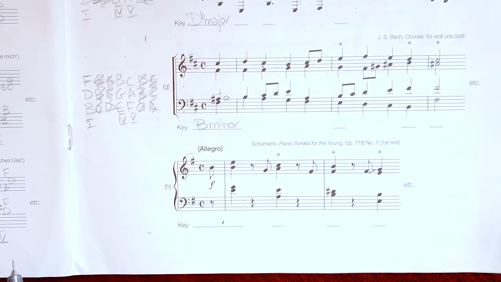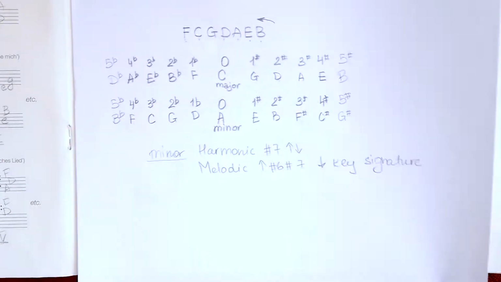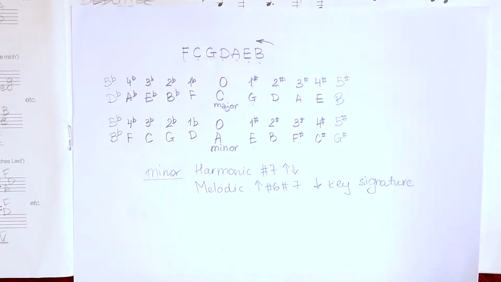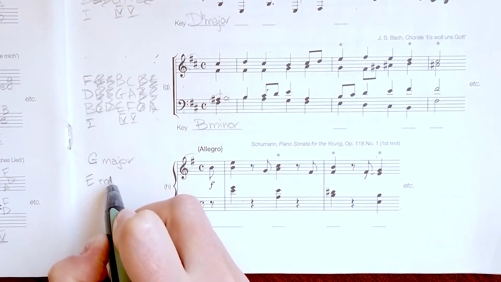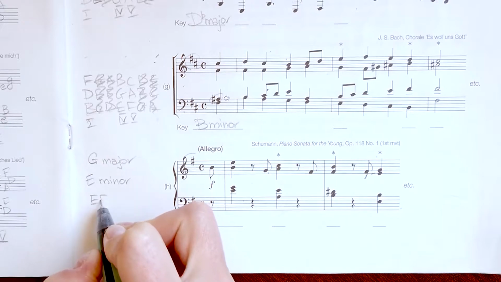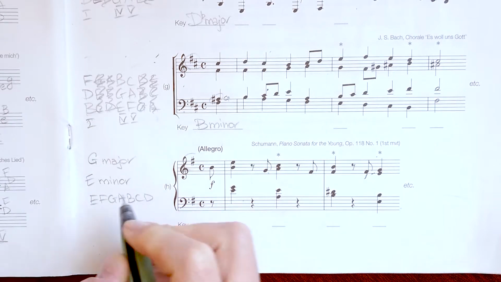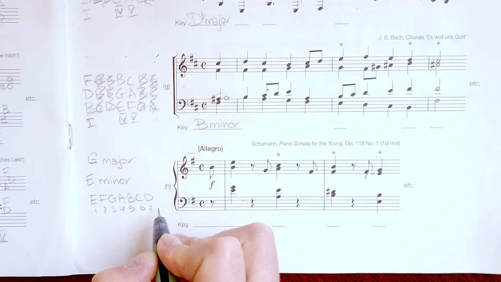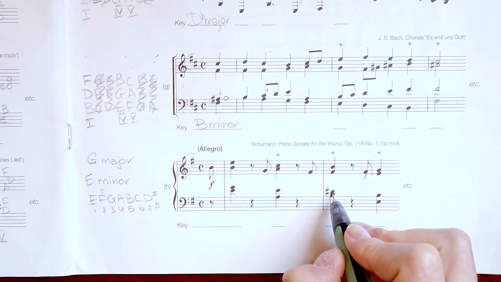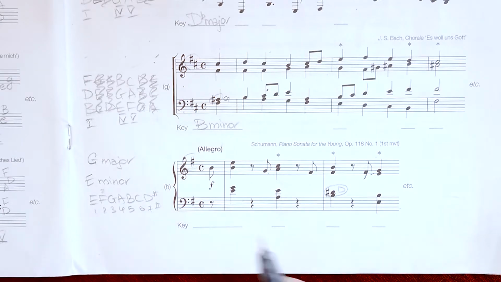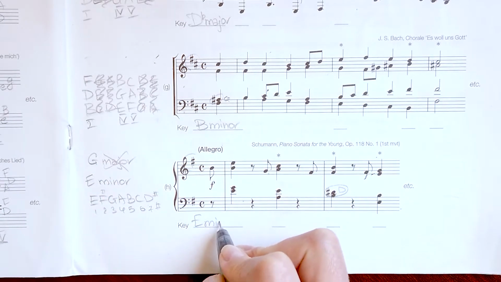The last gives us F sharp only, which we can find in G major or E minor. And in E minor, we have to check the degree number 7, and this degree gives us the note D, and it should be D sharp. And we have D sharp here, so we follow the E minor table.